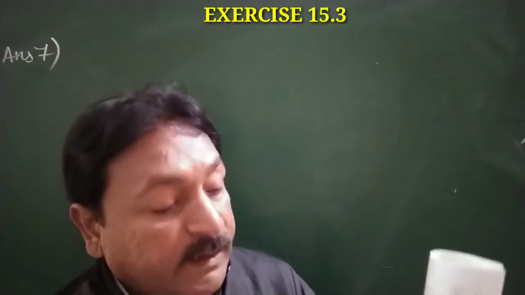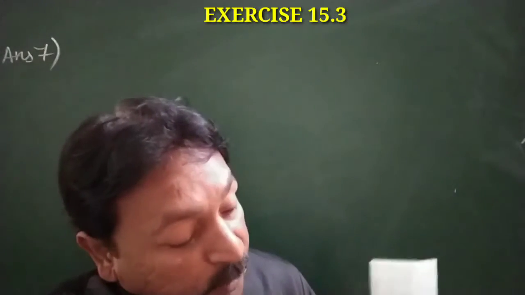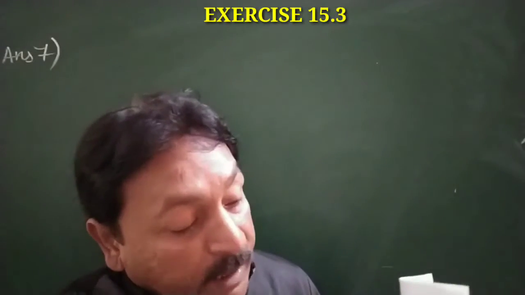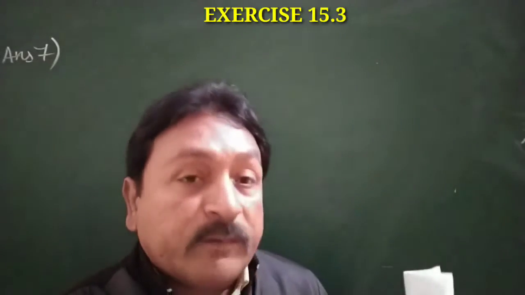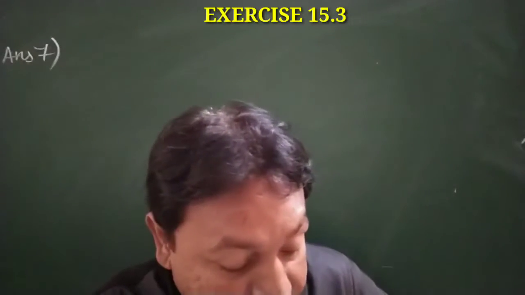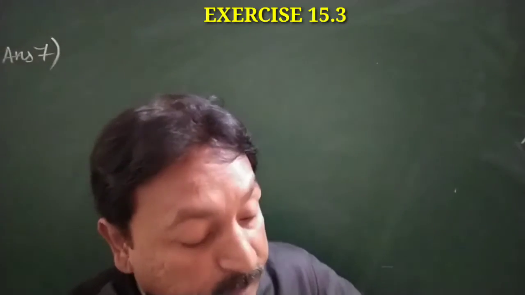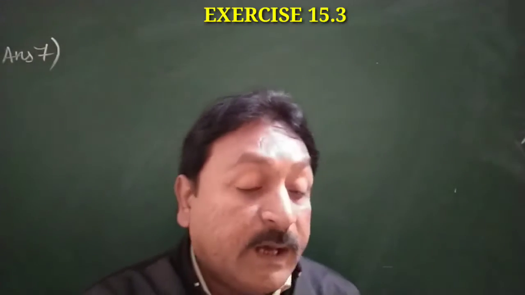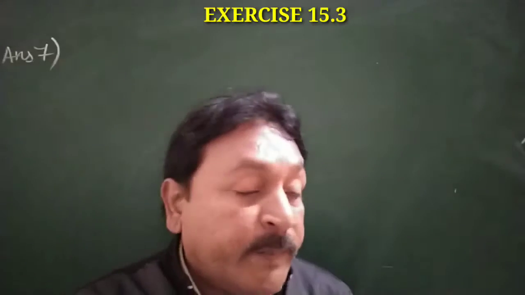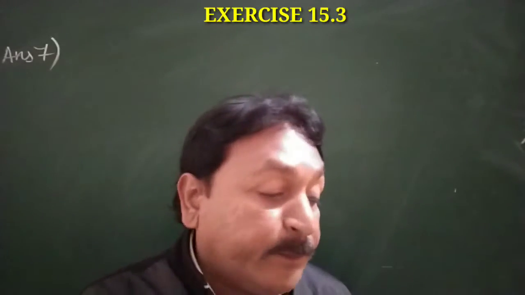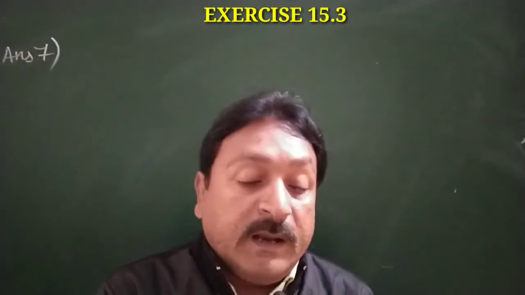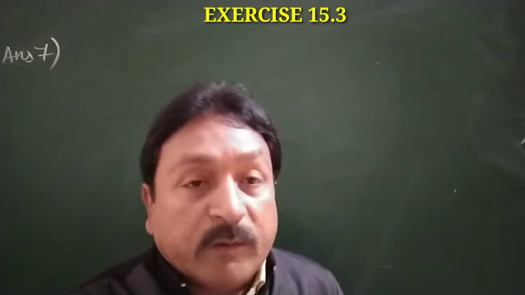When it becomes a cylinder, you can see that the height of the cylinder is the length of the rectangle, because we have rolled it along its length. So the length of the rectangle will become the height of the cylinder, and the breadth of the rectangle will become the circumference of the base of the cylinder.